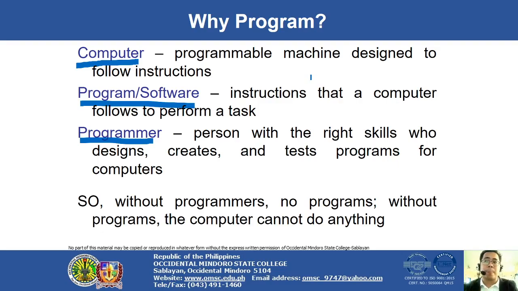If the programmer creates a program, I mean the instructions, then there will be instructions for a computer. That is why without programmers, no programs. Without programs, the computer cannot do anything. So meaning they are combined.